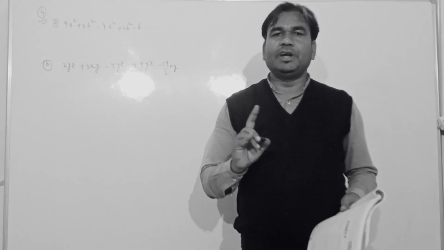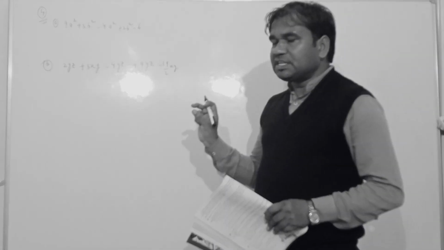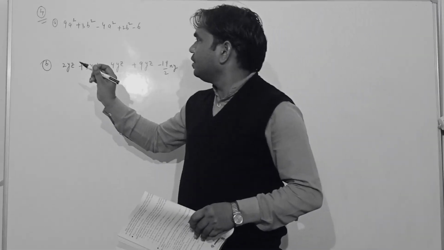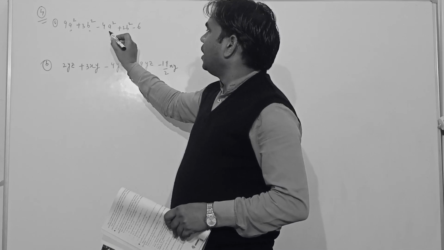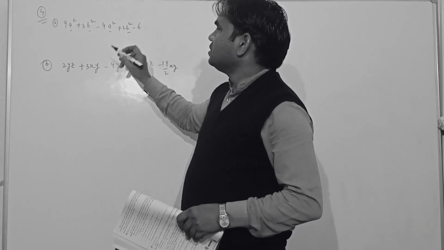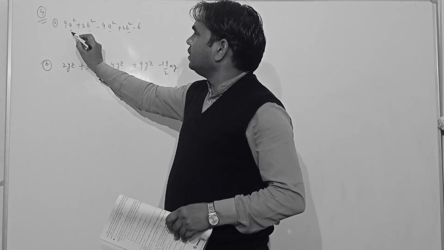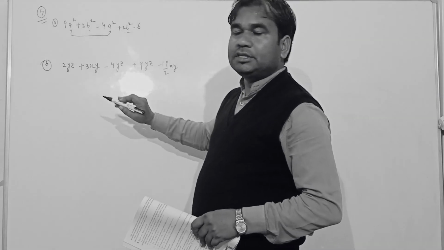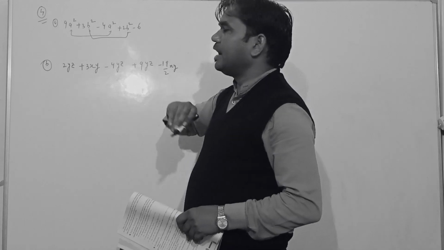Like terms means we have to match the variables and their powers. So here you see the variables are a, b, and here a and b. Like terms means this is a, so this is a like term, and this is also a like term.